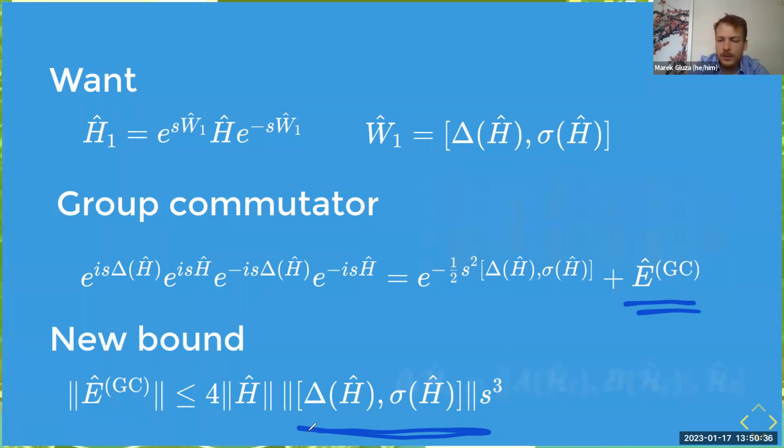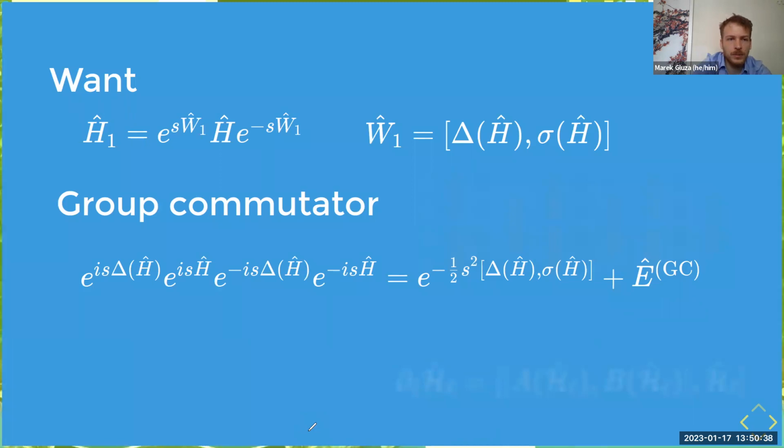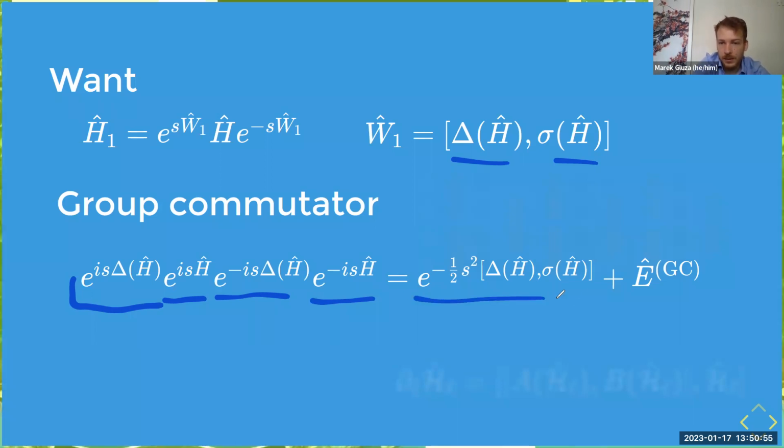All right. So what is this group commutator here? Well, I have two ingredients here. I need to evolve forwards with the diagonal restriction of the Hamiltonian. Then I evolve with the Hamiltonian. Then I evolve backward with the restriction, and I evolve backward with the Hamiltonian. And then you can see either from BCH, or if you want a better error bound, you can use a more general integral technique that is known in the literature.